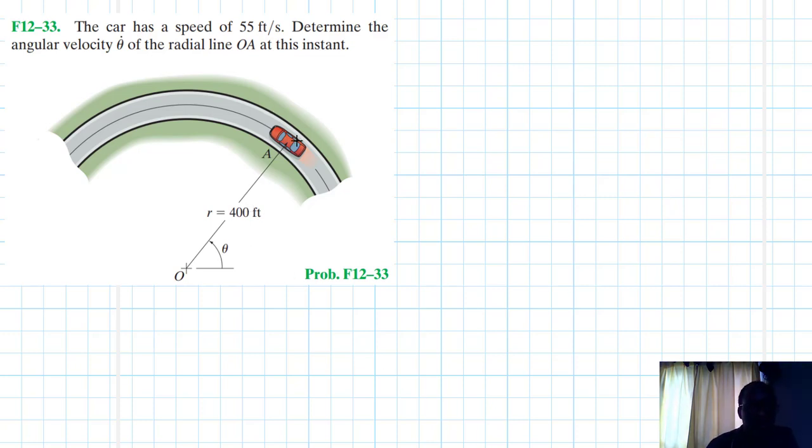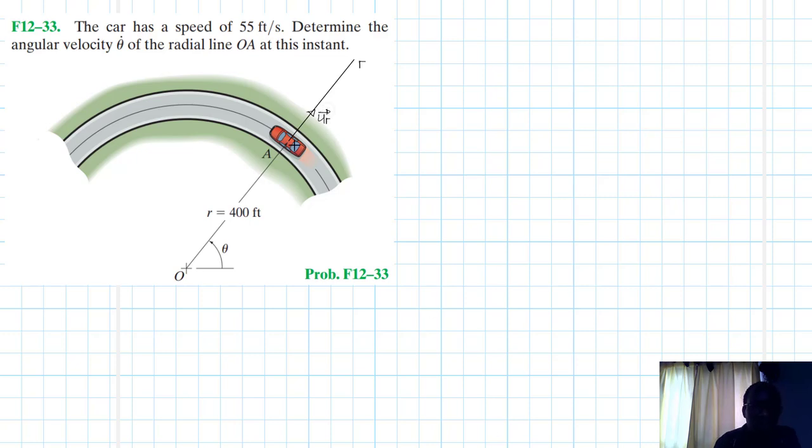So the direction for r itself is along r, like so. This is our positive direction in that manner, and this is our r, with the unit vector in that direction u r, like so.